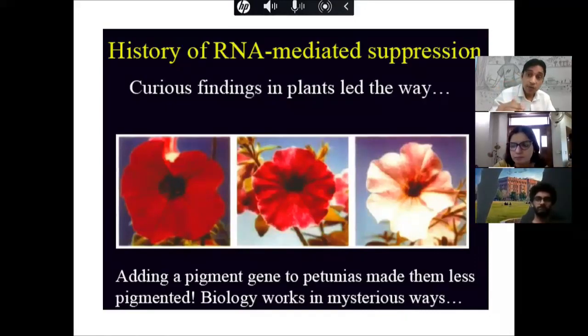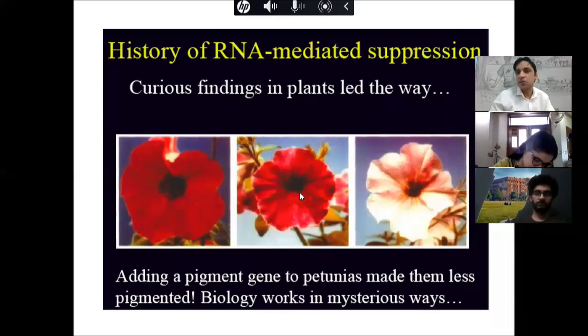Giving more gene means more expression, and richer, brighter colors. But unfortunately, when they inserted that gene from outside into the cells, it decreased the color. When they inserted more, it actually removed the red color out of the flower.